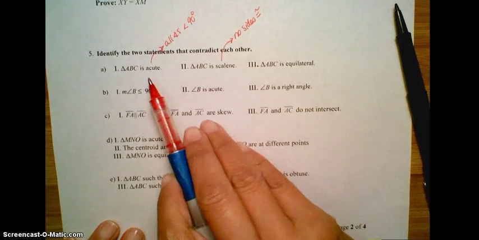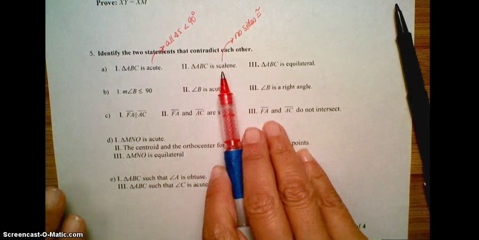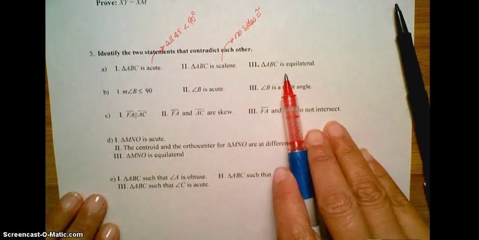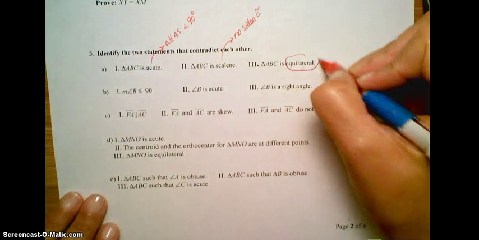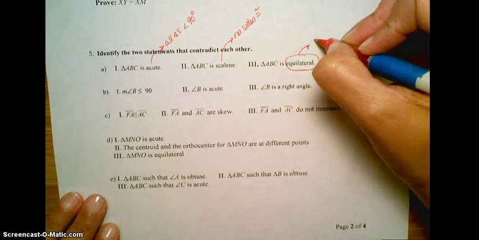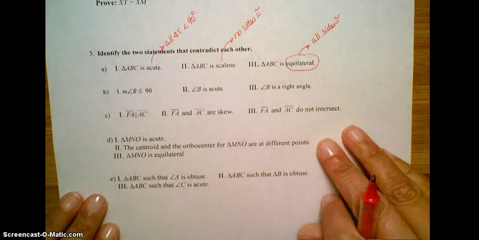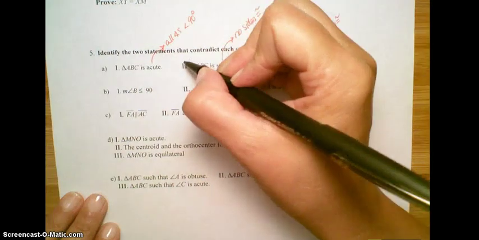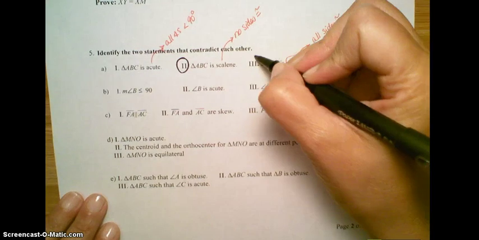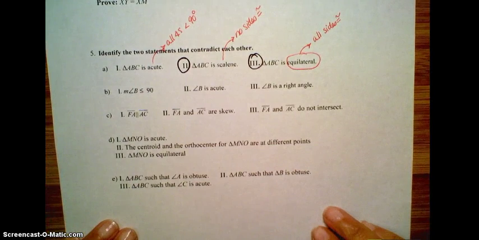Okay, well, the first statement was about angles, second statement was about sides. So far, no contradiction. The third statement says triangle ABC is equilateral, and equilateral means all sides congruent. Well, anybody care to guess which two are contradicting each other? That's right. No sides congruent and all sides congruent are definitely contradicting each other.